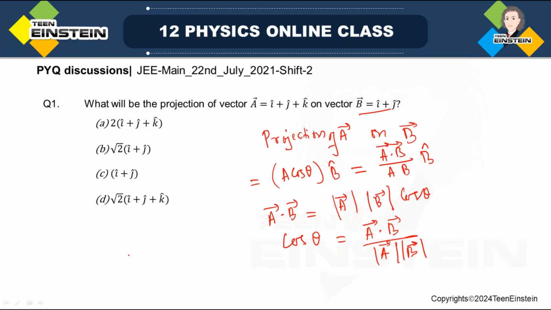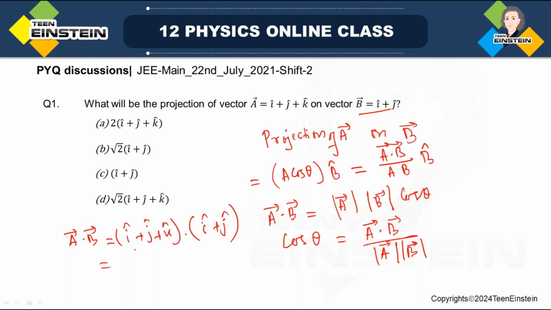So let us try to get what is A dot B. A dot B is, see, A is I plus J plus K unit vectors, and B is I cap plus J cap.